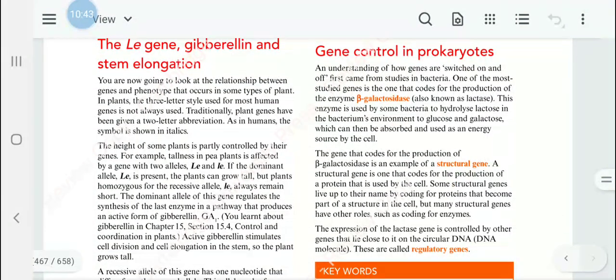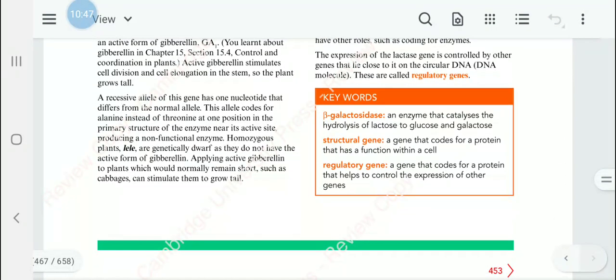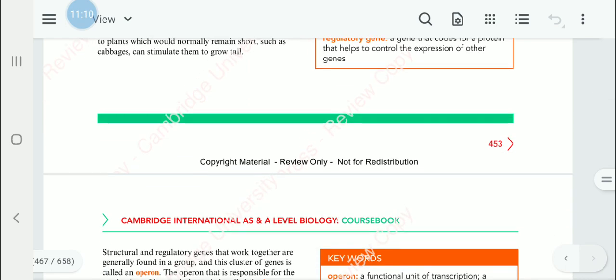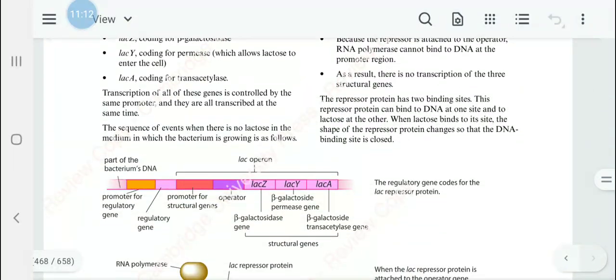However, we are able to make a normally short plant such as cabbage grow tall by applying active gibberellin. I hope you understood.